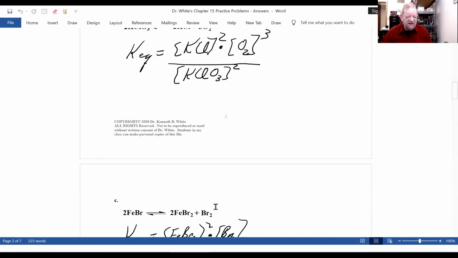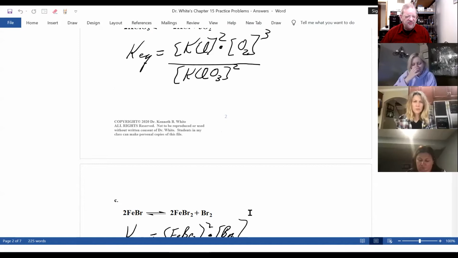Now, can everybody see at the bottom of the screen, 2FeBr equilibrium? Write the equilibrium constant for that. This is one of those things I won't give as important information, but remember the equilibrium constant is equal to the concentration of the products.